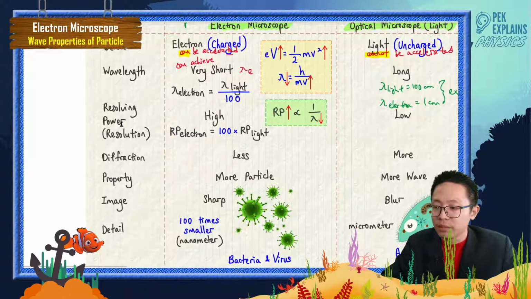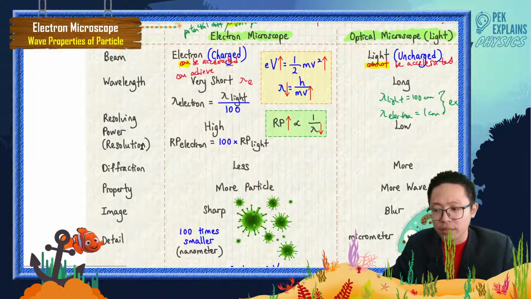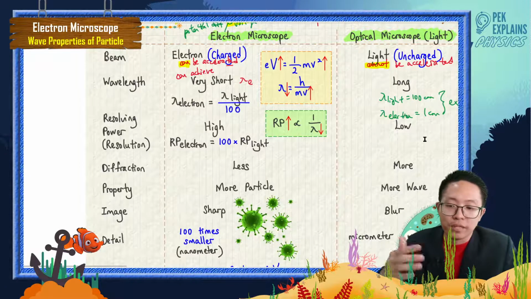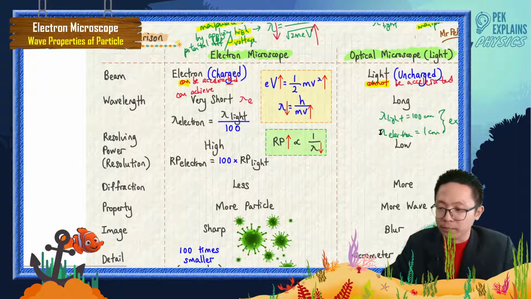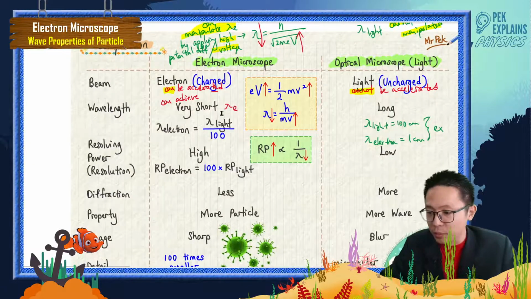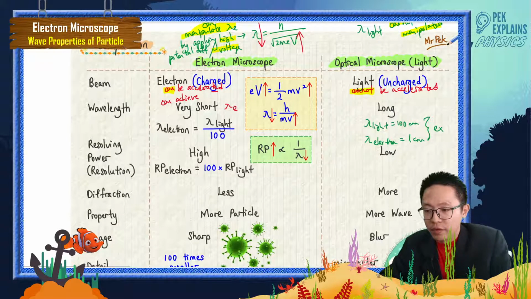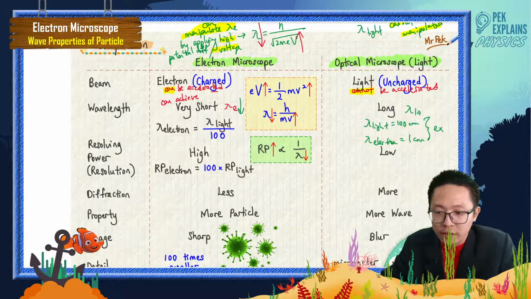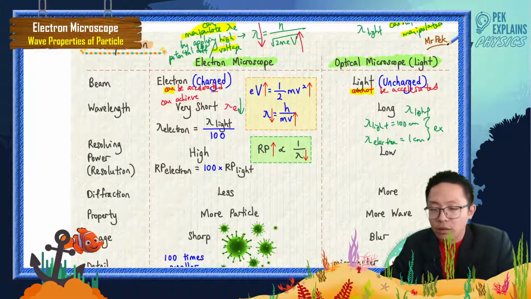Sharper image means high resolving power. The resolving power of the electron microscope is 100 times the resolving power of the light microscope. The wavelength of the electron is very, very short, while the wavelength of light is very, very long.